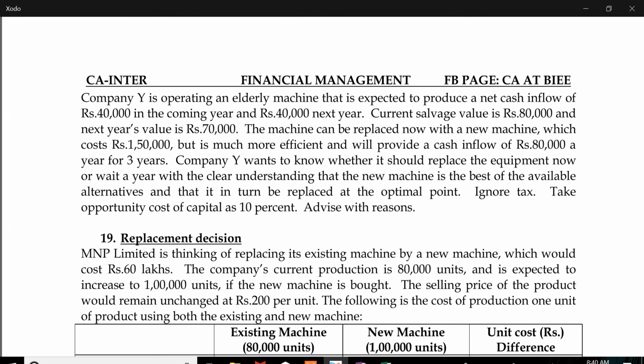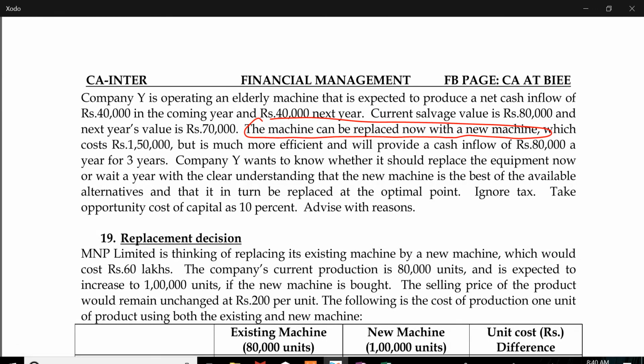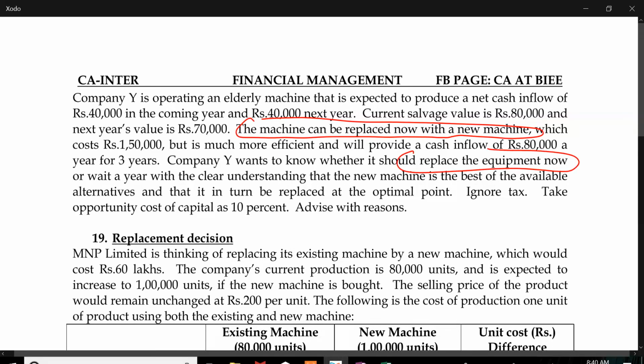Okay, now coming to this question, they've asked about a machine which has to be replaced. The machine can be replaced now with a new machine which is more efficient and will provide a cash inflow. Company Y wants to know whether it should do the replacement now or wait a year, with a clear understanding that the new machine is the best.